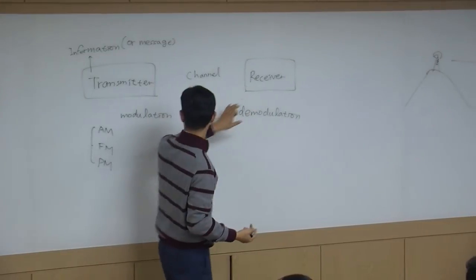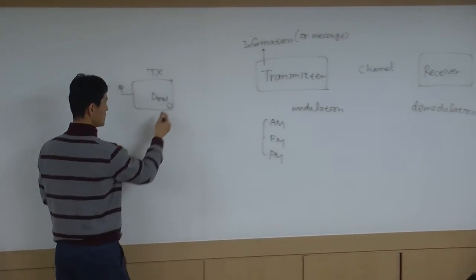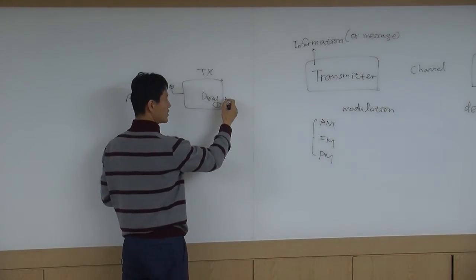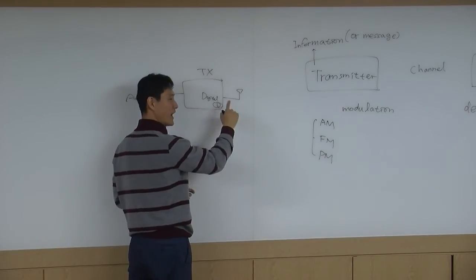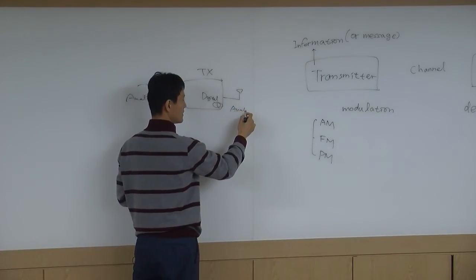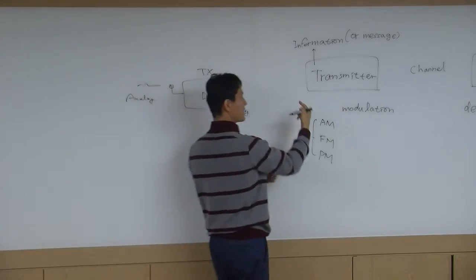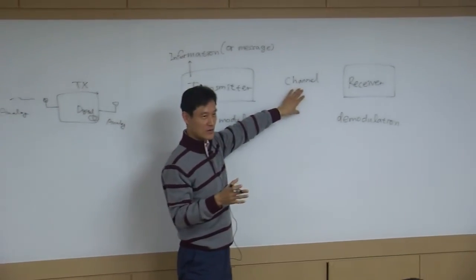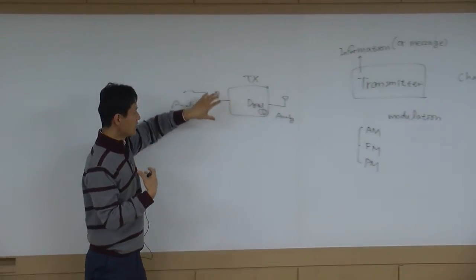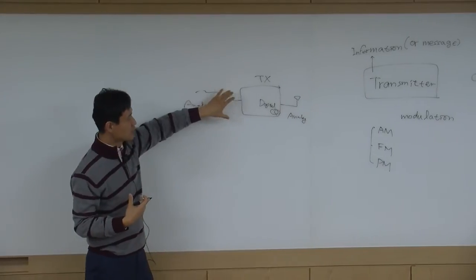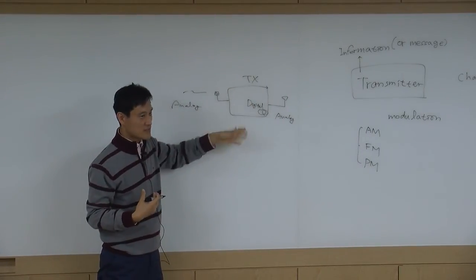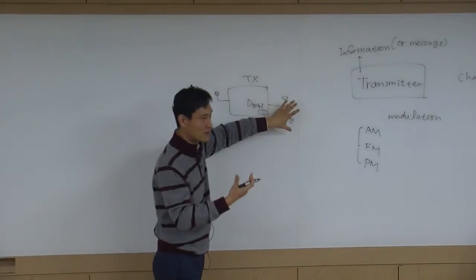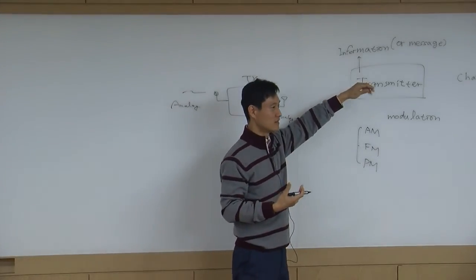We receive, we do digital processing, and actually we need to change it back to analog because the air, the channel, needs to be analog.